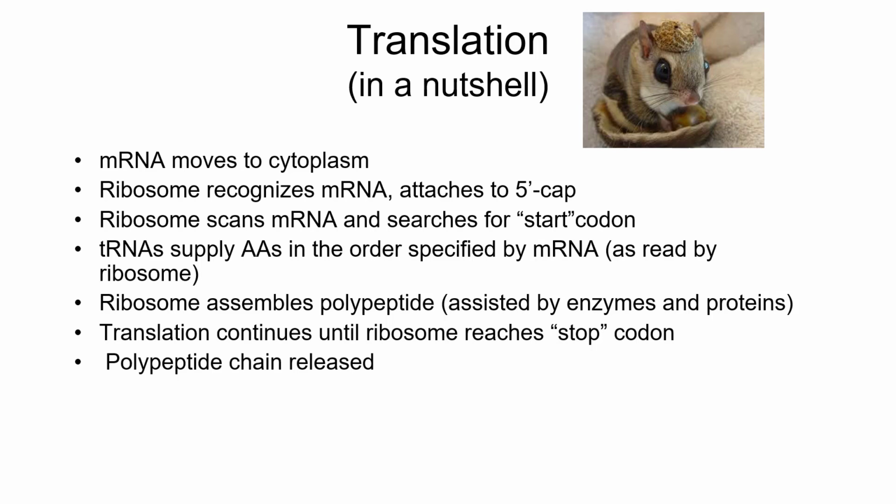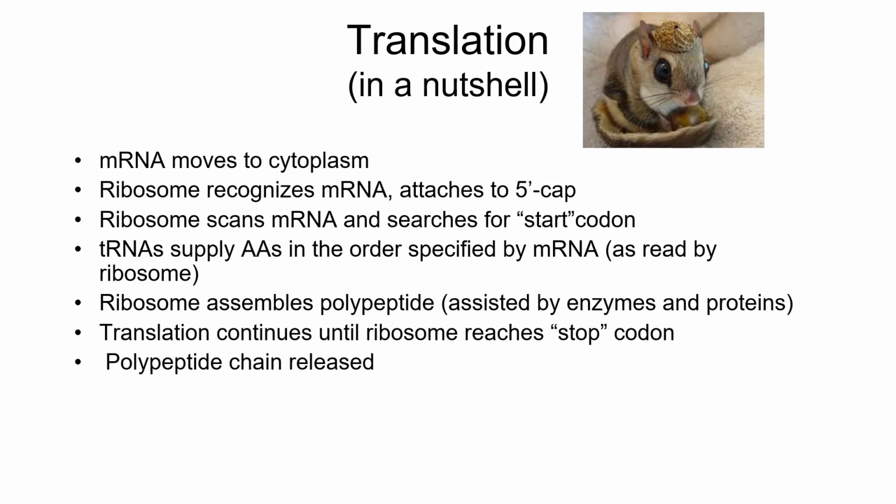So just to clarify where things are moving, our mRNA, once it moves into the cytoplasm, our ribosomes are going to recognize the mRNA and attach to the 5' methylguanosine cap. At that time, the ribosome will then start scanning the mRNA and searching for the start codon. When it finds that AUG, that methionine start codon, then tRNAs will start to supply the amino acids in the order specified by the mRNA reading frame.